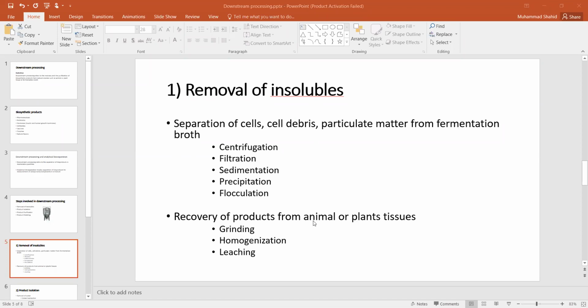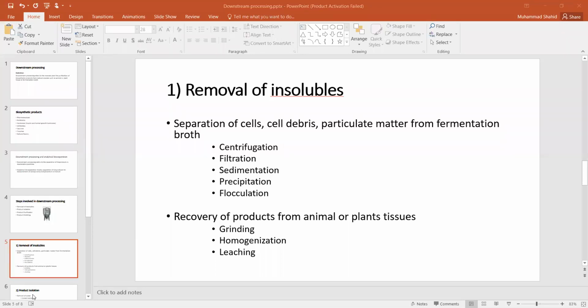So in case of the natural tissues of the animals and plant tissues, the steps involved are grinding of the tissues, then homogenization of the tissues, and then leaching out the desired products from these tissues. So this is how we separate out our desired bioproducts in the first step, that is removal of the insolubles.